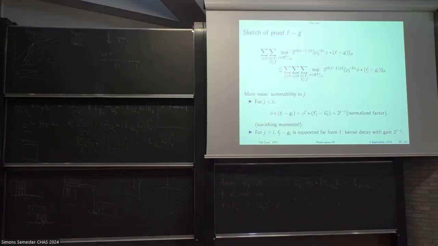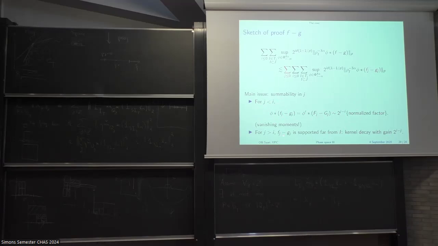So just go to the Fourier side, divide and multiply by the frequency variable. This is essentially what I'm saying. And we will have this kind of decay factor. This is the choice of the order of J and I such that this is the nice thing to get. And that's where we need the vanishing moments.